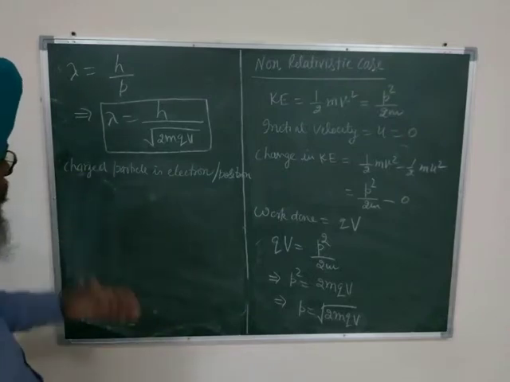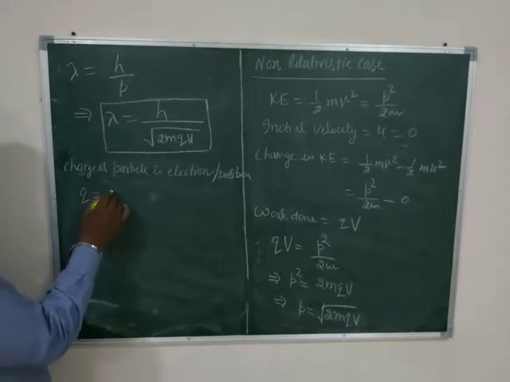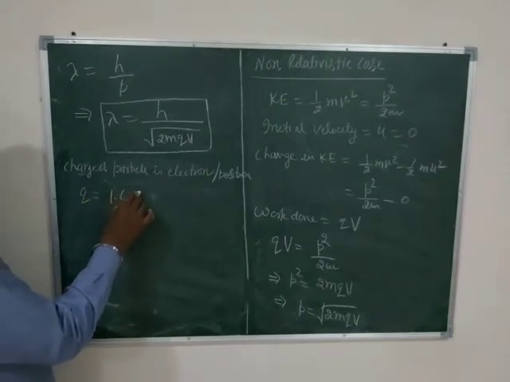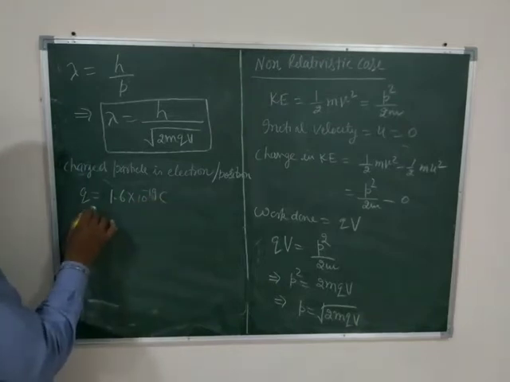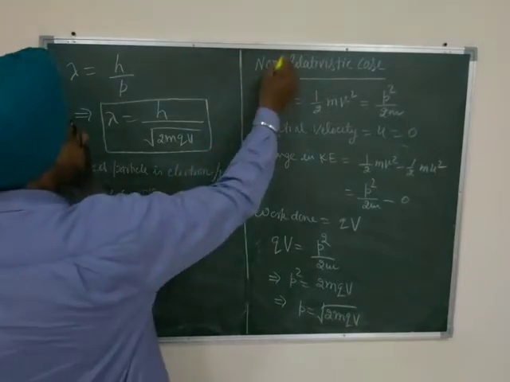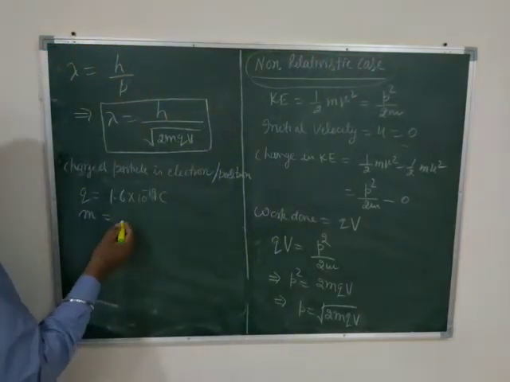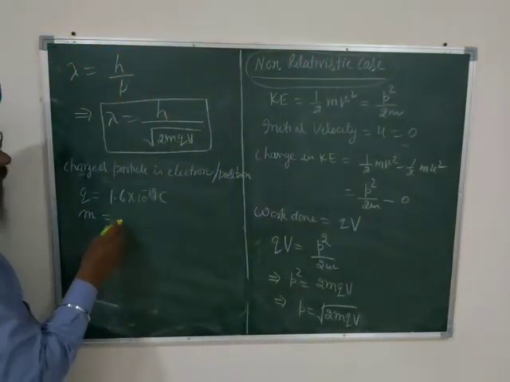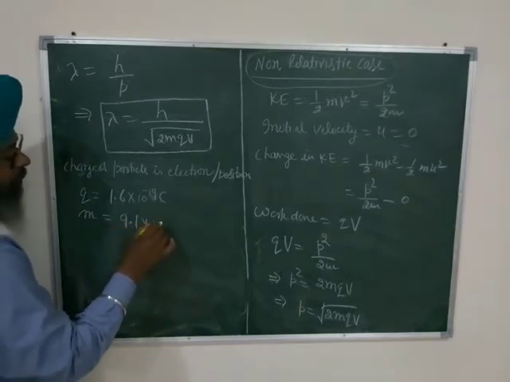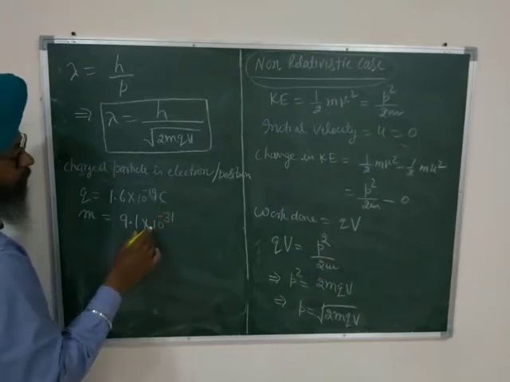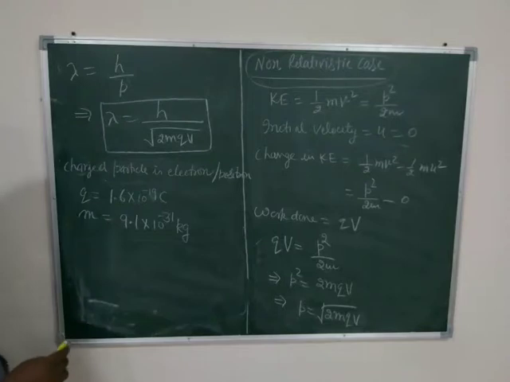Now for an electron, the magnitude of the charge is given by 1.6 into 10 raised to power minus 19 coulomb. Its mass, since the case is non-relativistic, whether in motion or at rest, would be almost the same. So I can take the value 9.1 into 10 raised to power minus 31 kilogram.